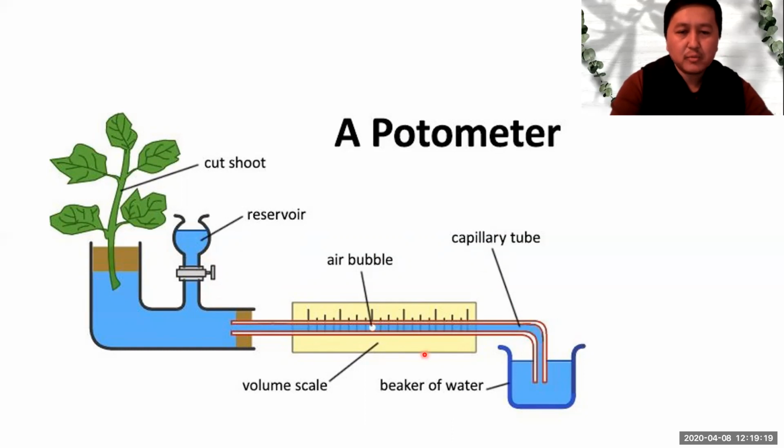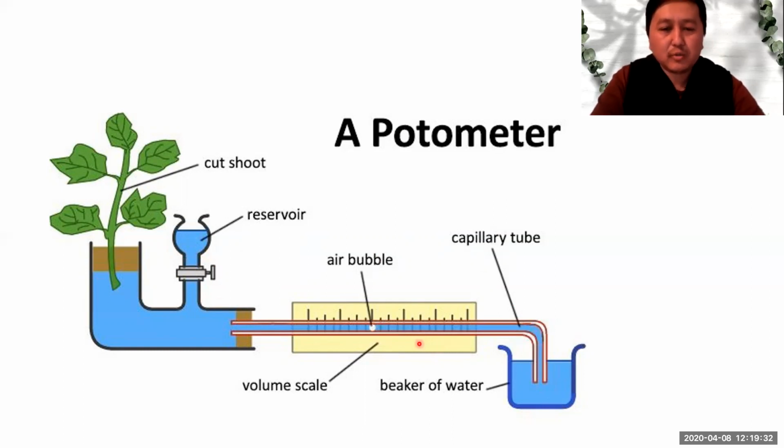Here is a volume scale, and this part has what? An air bubble. Here is a beaker of water. And using the potometer, we are able to measure the transpiration rate, because when the water is evaporated from the leaves, it actually what?